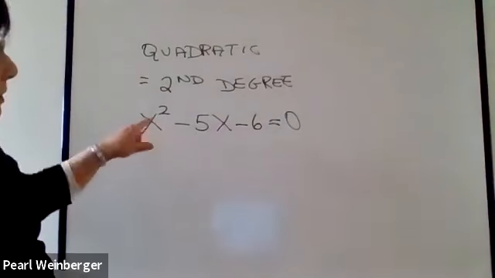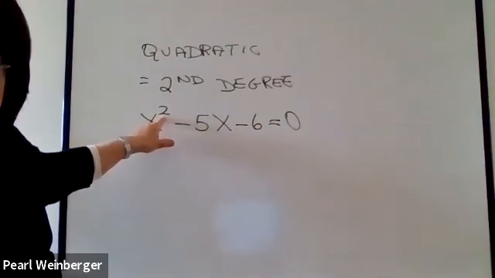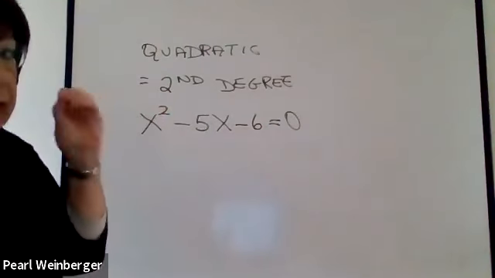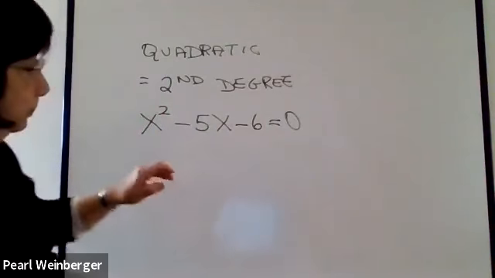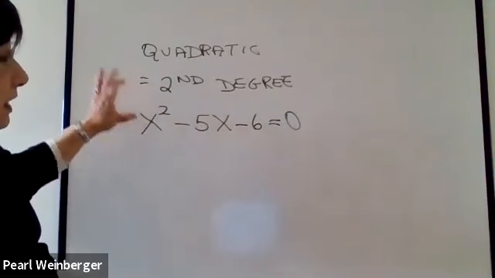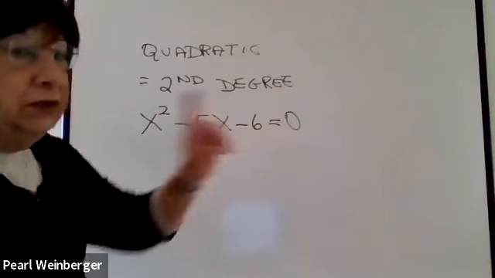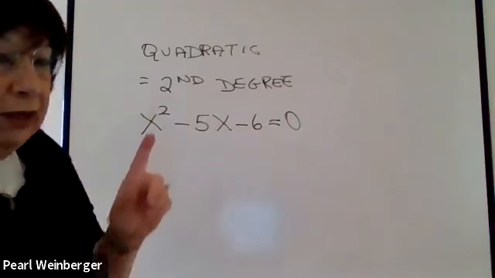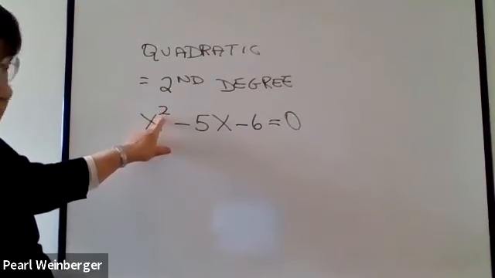I recognize this as a quadratic equation because I see an x squared in it. It's not a regular linear equation. We have a different method of solving it. A lot of people say, oh, it's quadratic because it equals 0. That's not what makes it a quadratic equation. What makes it a quadratic equation is an exponent.